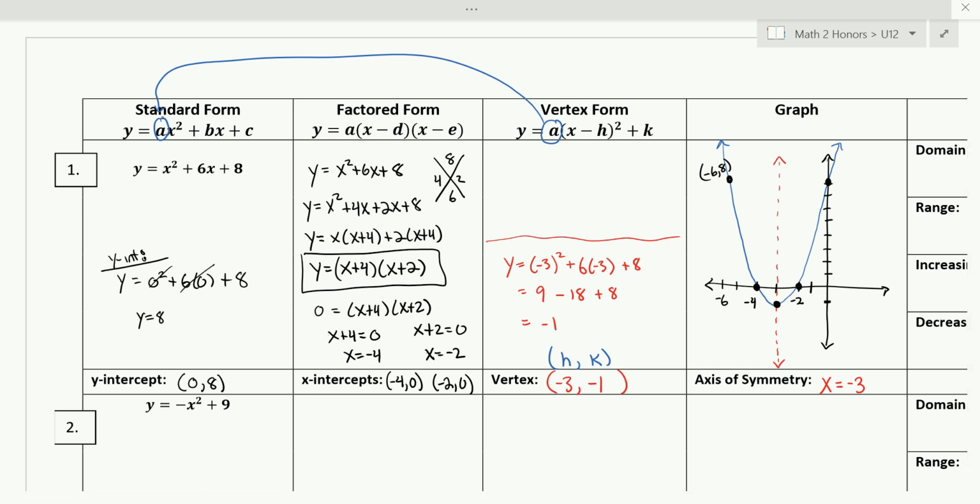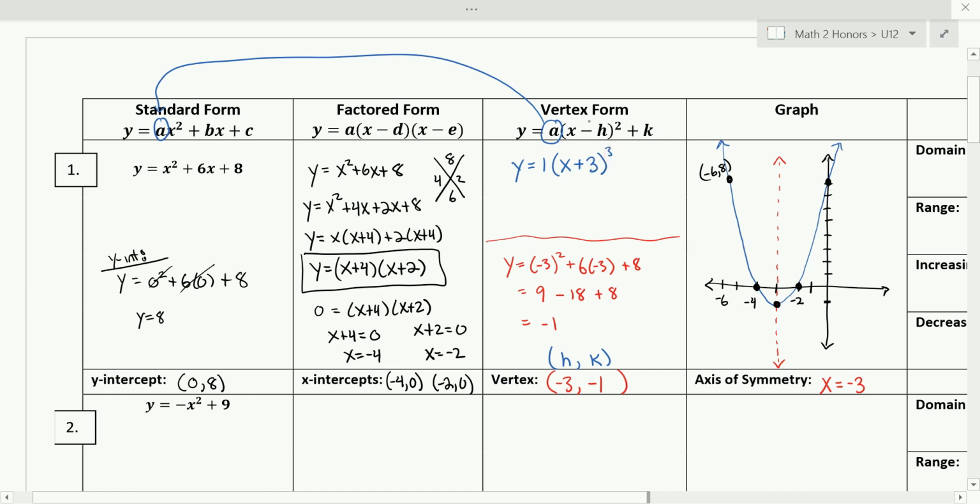The 1. And so we're going to have a 1 in front of the parentheses there. And usually we don't write the 1, but I'm going to write it this time just to emphasize a is 1 in this case. Okay, and then we have x minus h. h comes from the first value in our vertex. But notice positive h is -3. So what would negative h be? Positive 3. So I'm going to put an x plus 3 here.